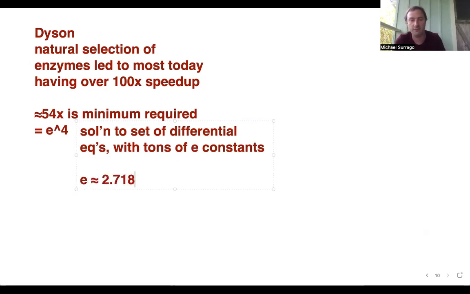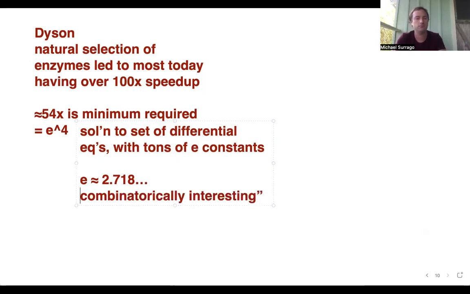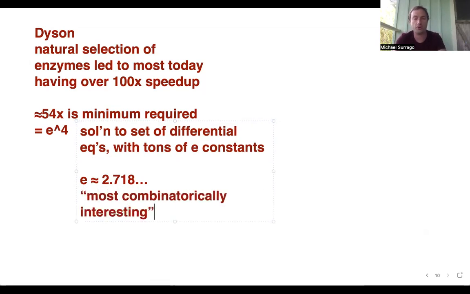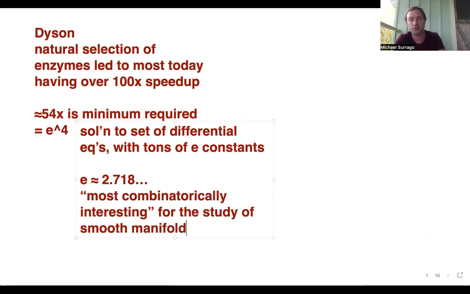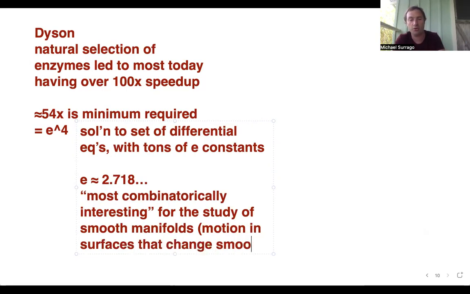Really, it's combinatorically interesting. In fact, it's the most combinatorically interesting number for the study of smooth manifolds, or motion in surfaces that change smoothly, calculus friendly.